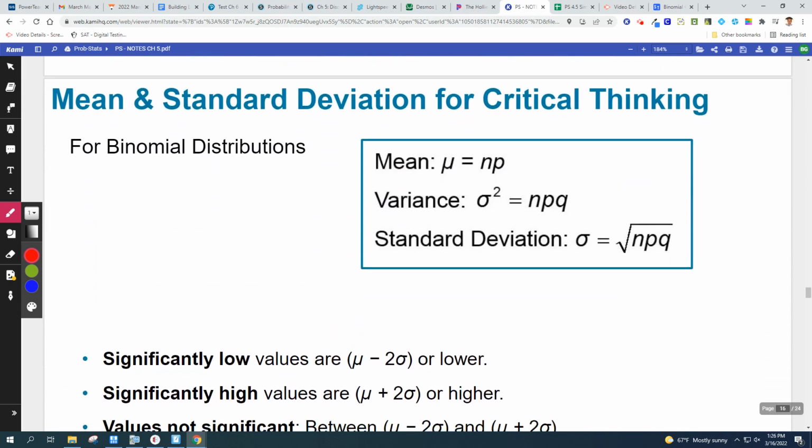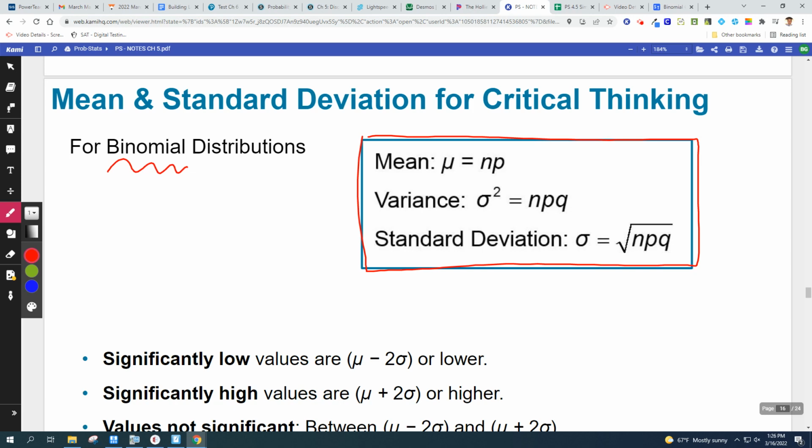Mean and standard deviation, it's kind of nice they give us these formulas. These formulas are specific for binomial distributions. We had a different, generalized way of doing distributions last lesson. We made a table, we found the X numbers, we found the probability numbers, we multiplied them, we subtracted, we did some stuff, okay?